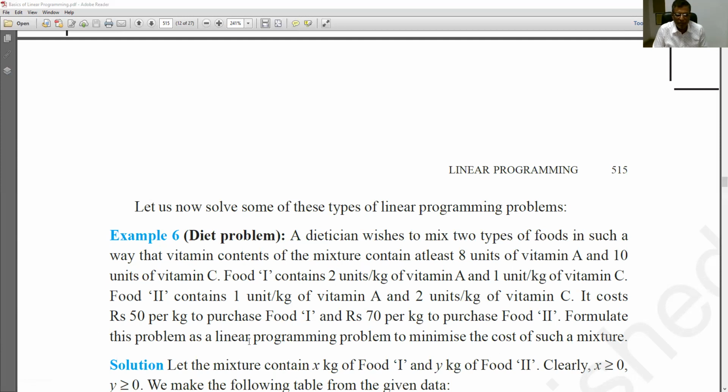Formulate this problem as a linear programming problem to minimize the cost of such mixture.